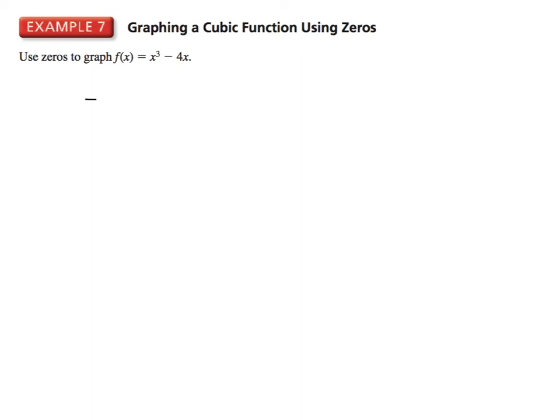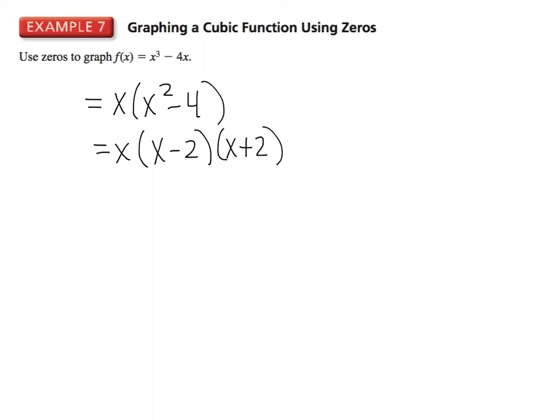So the first thing I'm going to do is just factor. So I'm going to factor out an x from x to the third minus 4x, and that would give me x squared minus 4. And then that can be factored into the two binomials x minus 2 and x plus 2. That means that this graph is going to cross the x-axis at 0, 2, and negative 2.